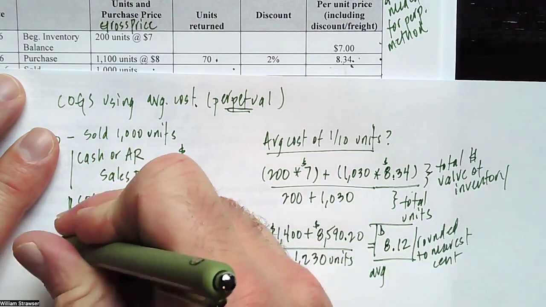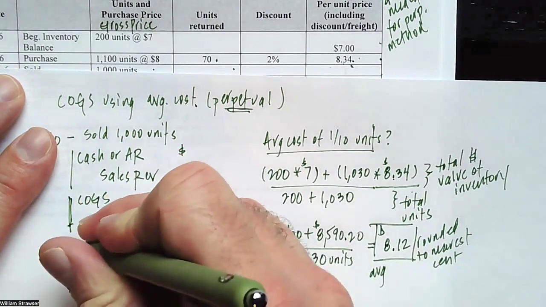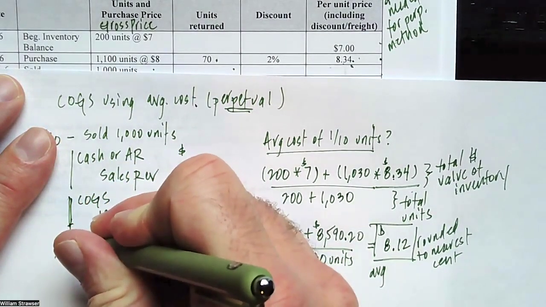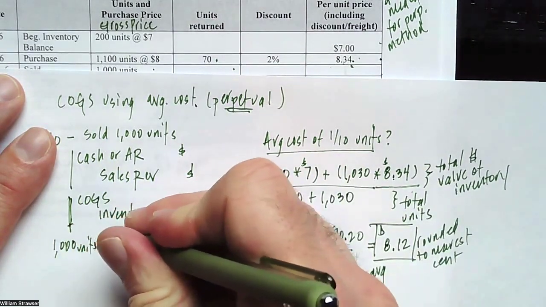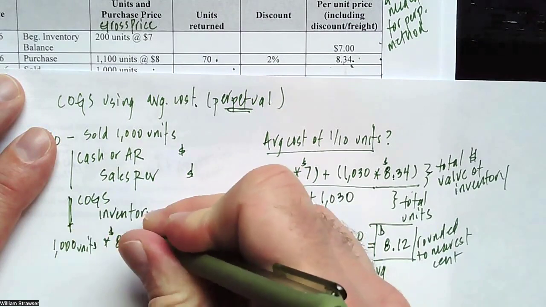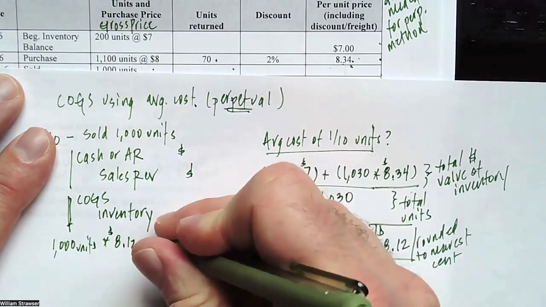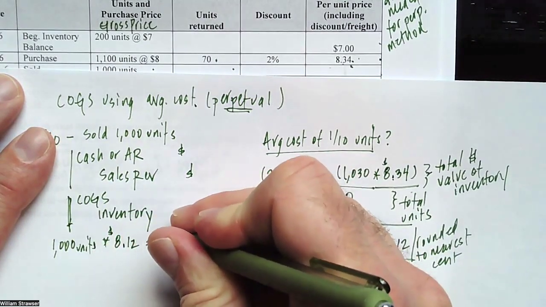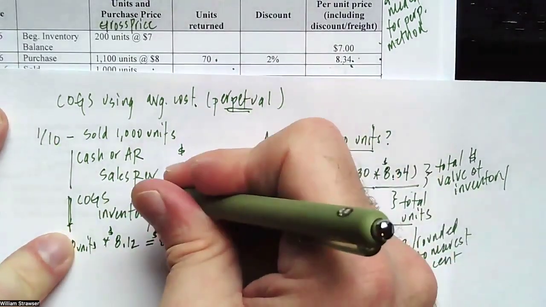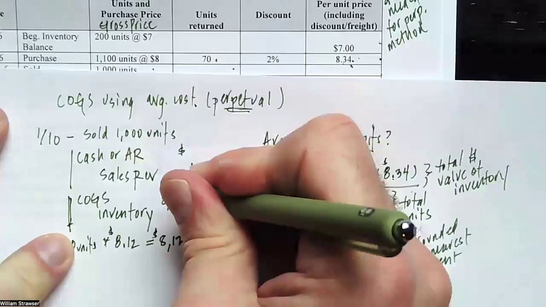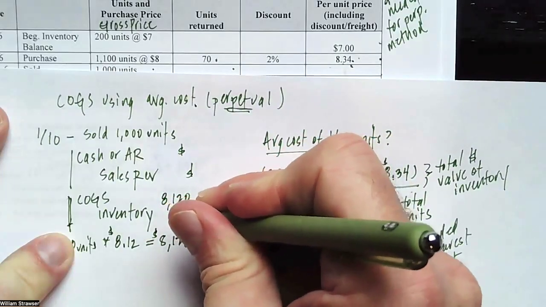We sold 1,000 and we multiply that by $8.12. So in total, I would judge the cost of this sell at $8,120.